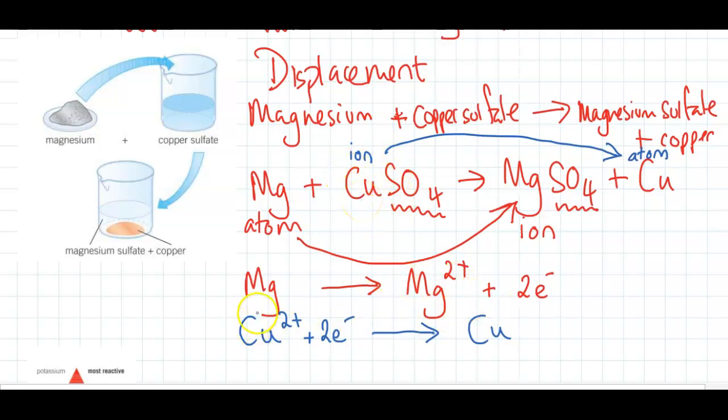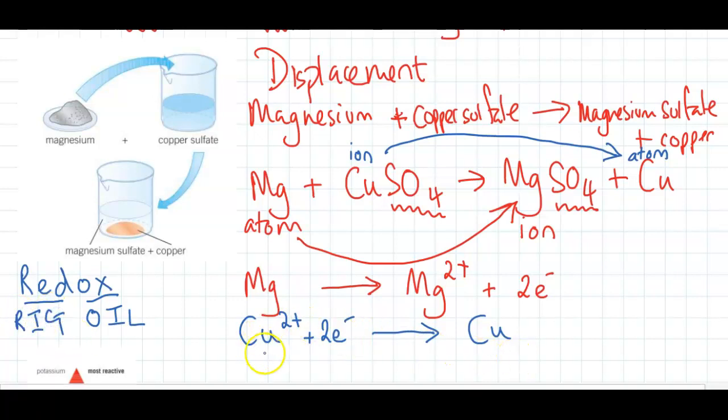All right? And that's why we refer to these reactions as redox, reduction, oxidation. And remember, oxidation is loss of electrons and reduction is gain of electrons.